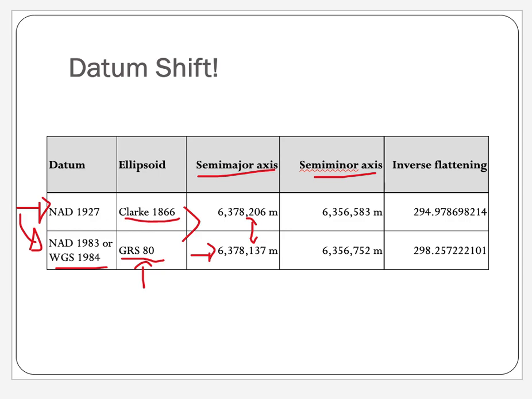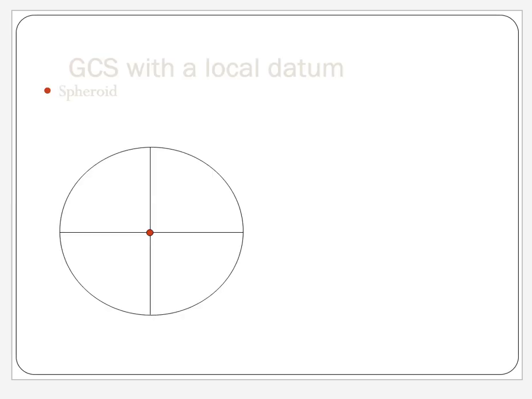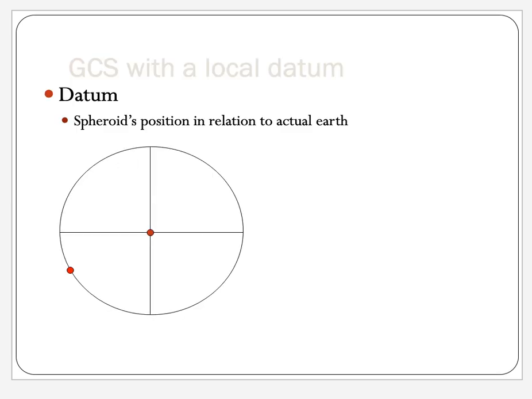So again, a datum shift is when the coordinates associated with the benchmark and the resulting control points are adjusted or changed based upon either better surveying techniques, better mathematical calculations, or adjustments for continental shifts. So here we have a reference point for a spheroid.